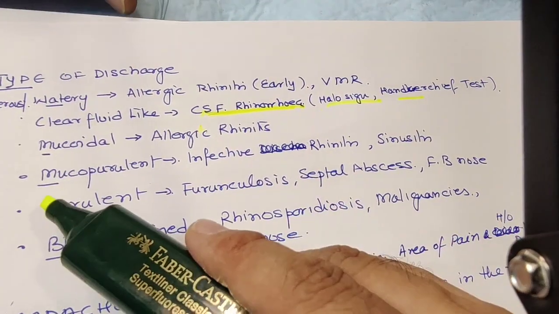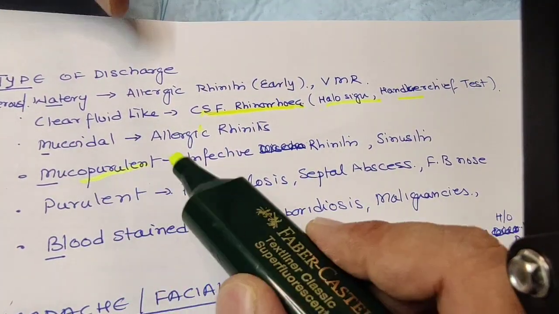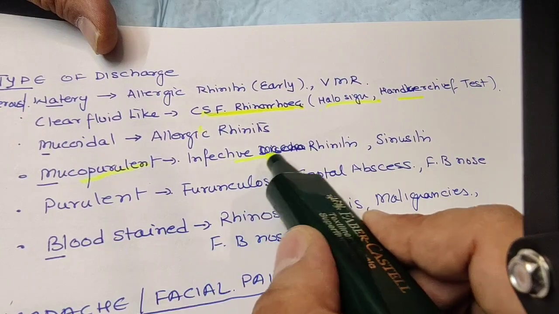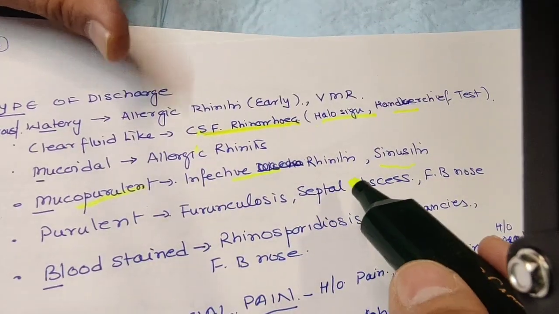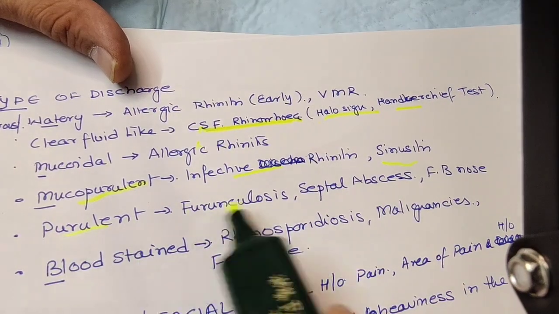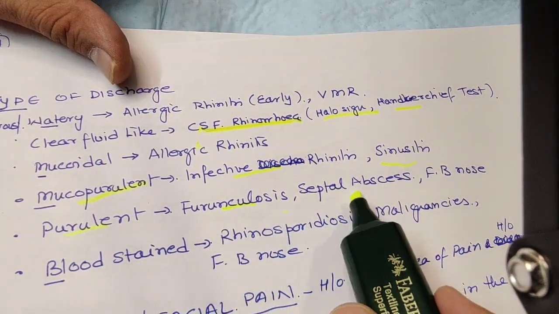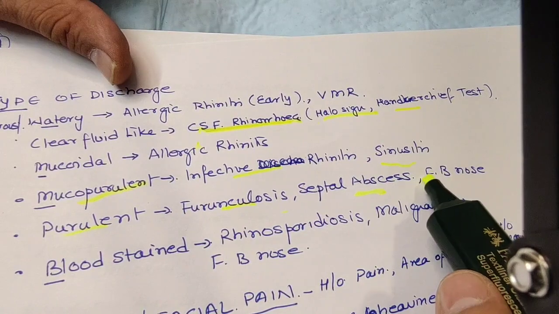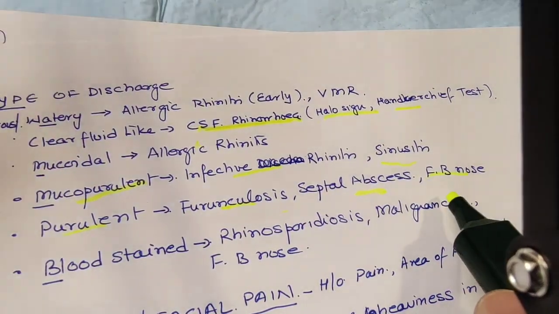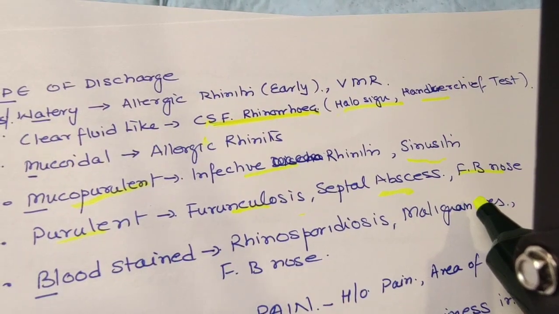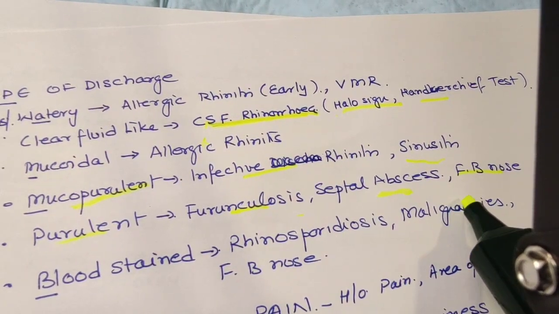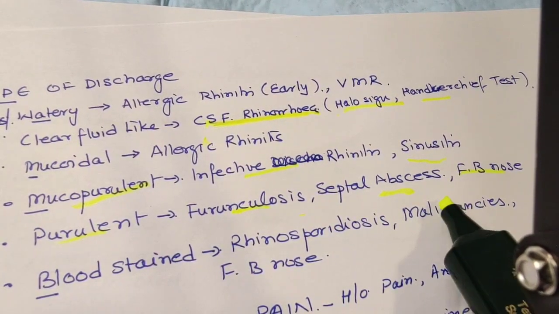Okay, and then mucopurulent nasal discharge is commonly seen in infective rhinitis or maybe sinusitis also, and purulent discharge is commonly seen in furunculosis or septal abscess, or maybe a foreign body nose in children will give a purulent foul smelling discharge which is unilateral, and that is diagnosed as foreign body nose in a child.